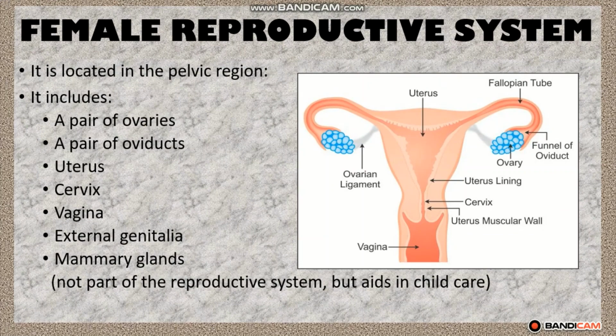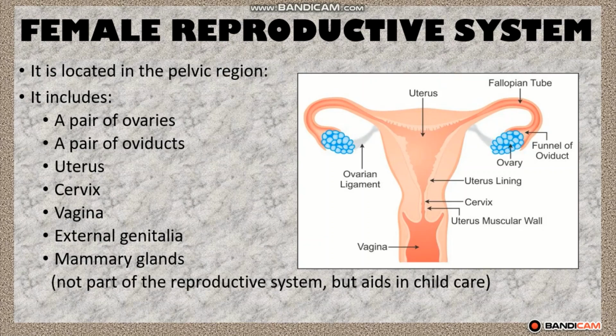Then there is the hymen, which partially covers the vaginal opening, not completely. And the last one is the clitoris, which lies at the junction of the labia minora.